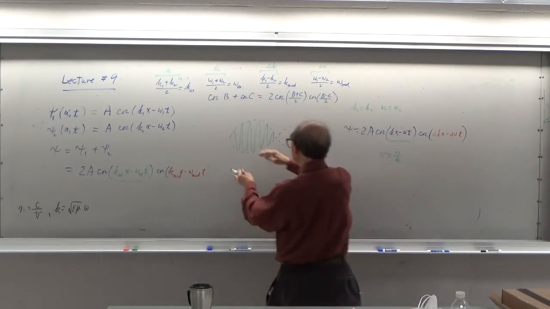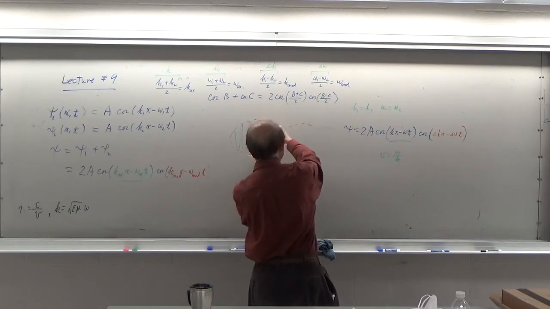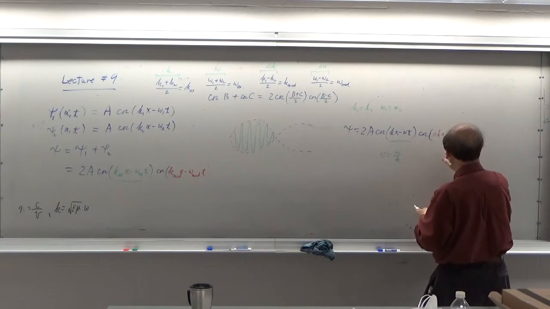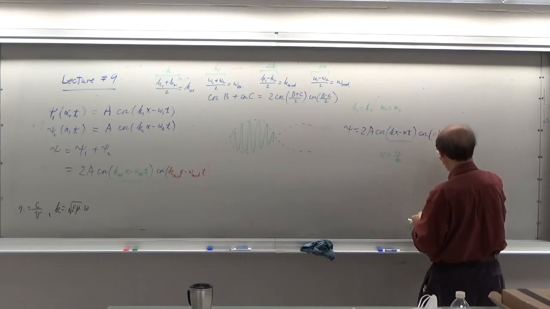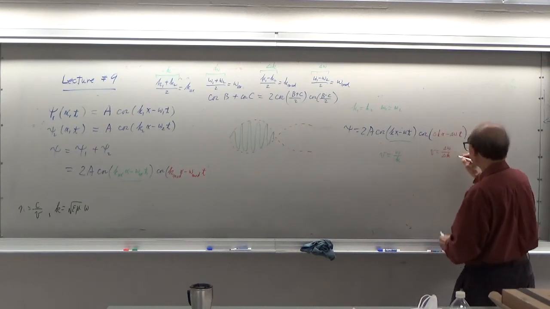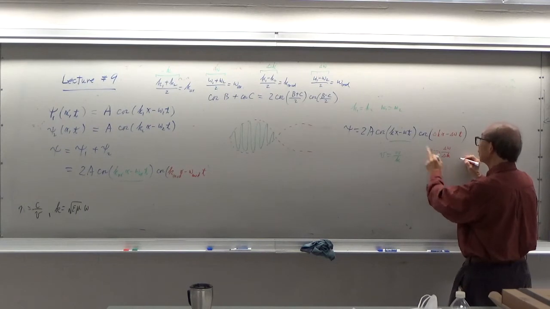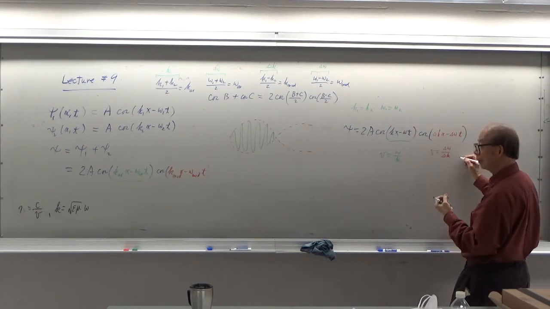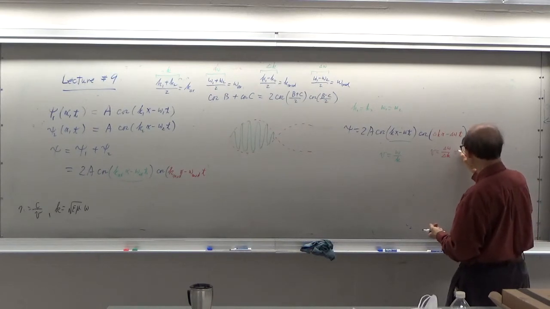Whereas the modulated envelope wave is the red part. This gives rise to a velocity equal to delta omega over delta k. And if the two k's and two omegas are really extremely close by, only differing by an infinitesimal amount, this would be d omega by dk.